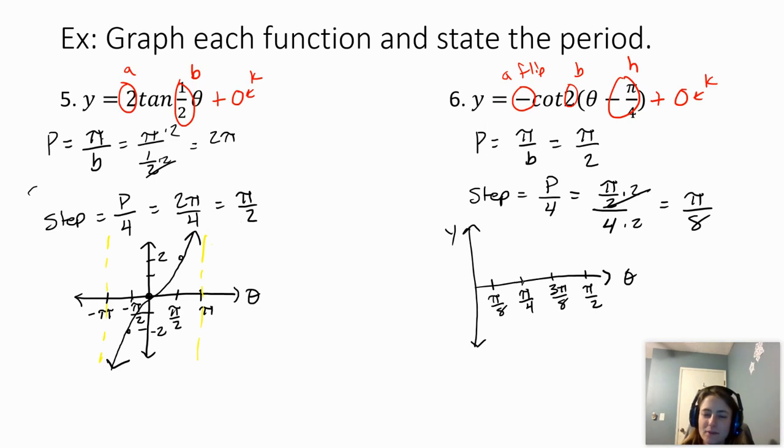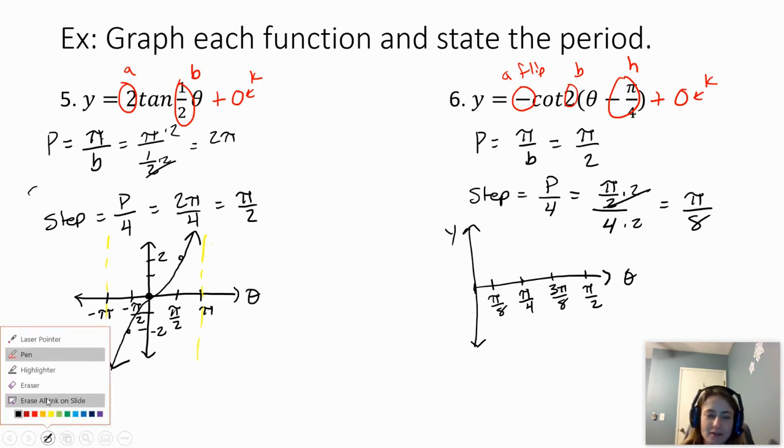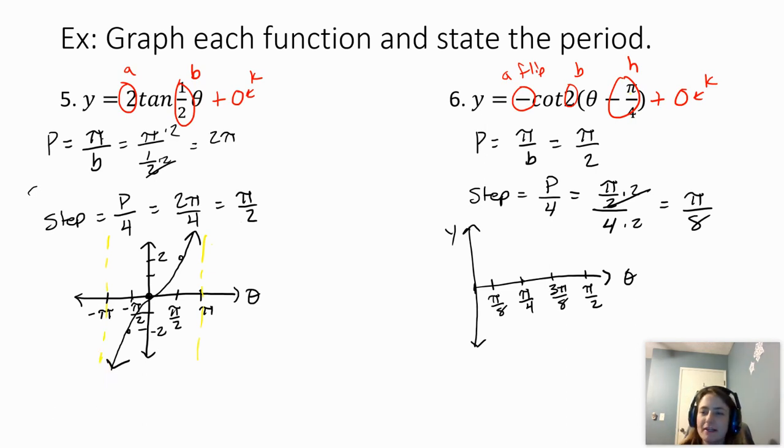And we know the midpoint would usually be at the third tick mark, which would be here. So we would usually start at the third angle, but we are shifting by negative pi over 4, so we're going to move to the right by pi over 4.